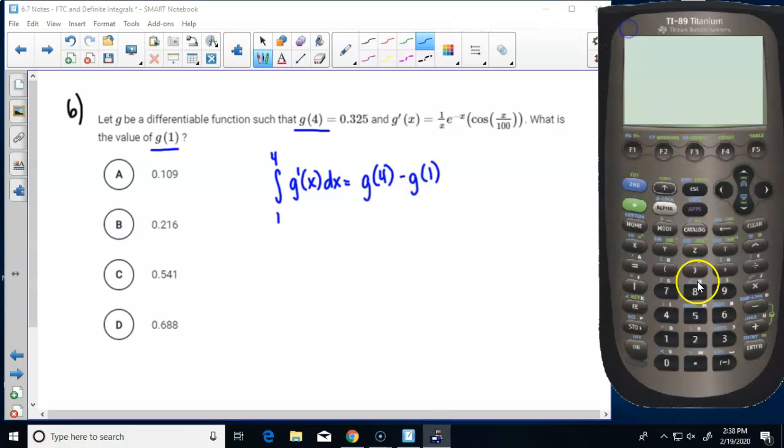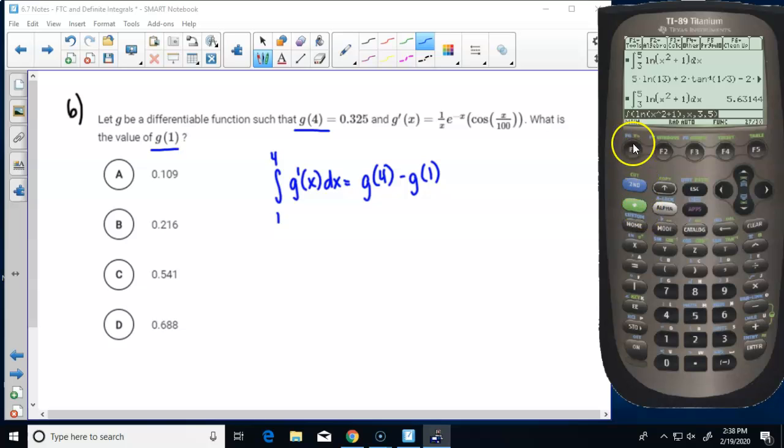So I think for this one, I'm going to type that equation in y equals just because it's a big equation. So 1 over x times e to the x, that's e to the negative x, times cosine of x over 100.